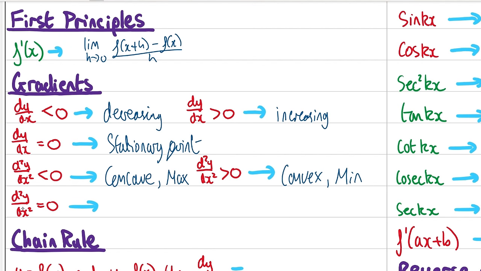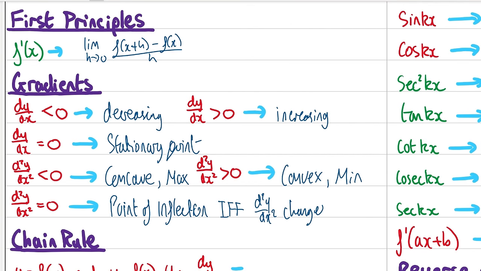Now, at a stationary point, if the second derivative is equal to 0, it might suggest a point of inflection. But what we will need to do, if and only if, we check that the second derivative changes sign either side. Must do that to prove that it is a point of inflection. That is critical.